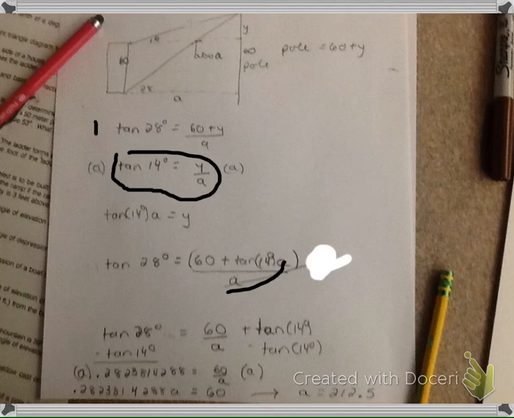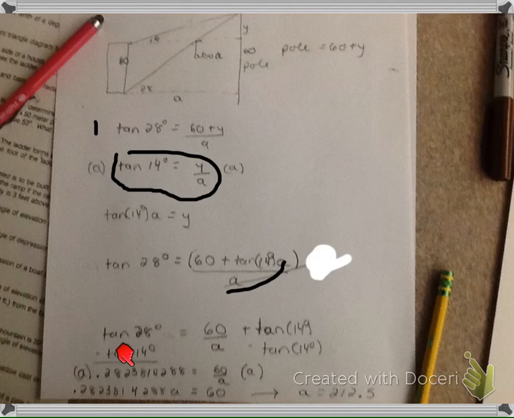I'm reading it right from the calculator: 0.2823814288. And so that's what I had left over when I subtracted.